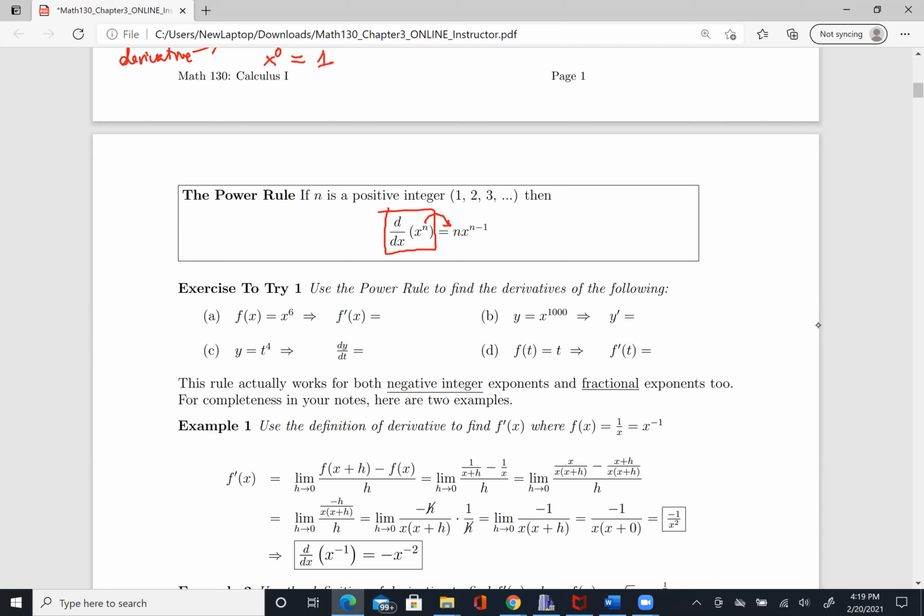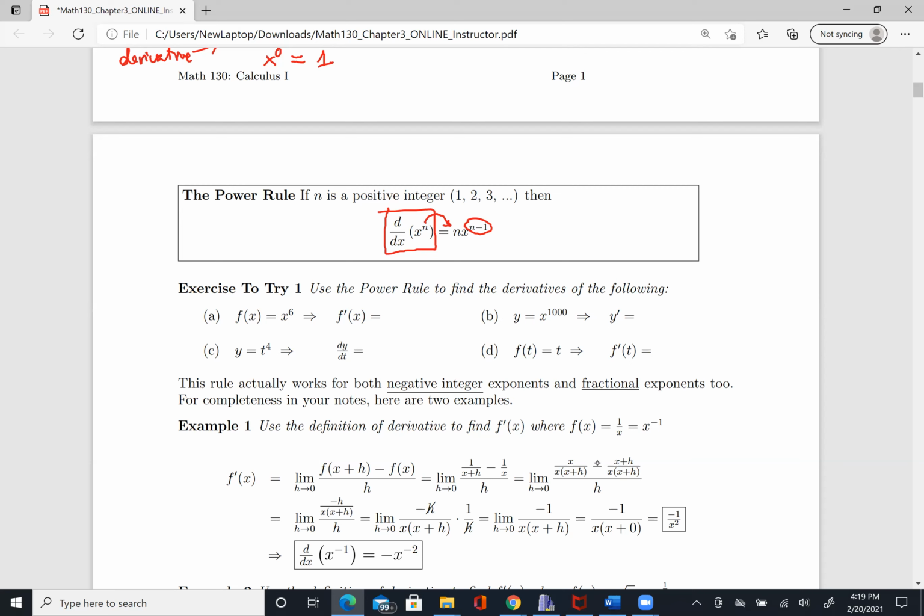And the power of the derivative will be the original one subtracted by 1 unit. Okay. That is what we learned today. Let's try to do exercise number 1 below, and I will show you in class when you come back.